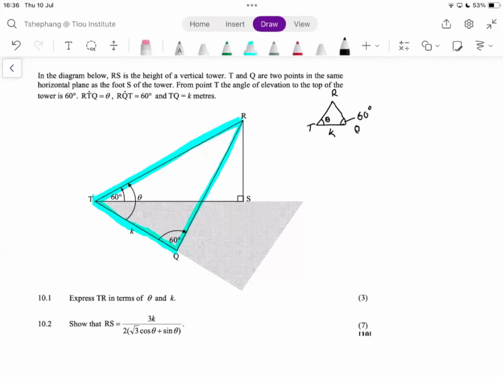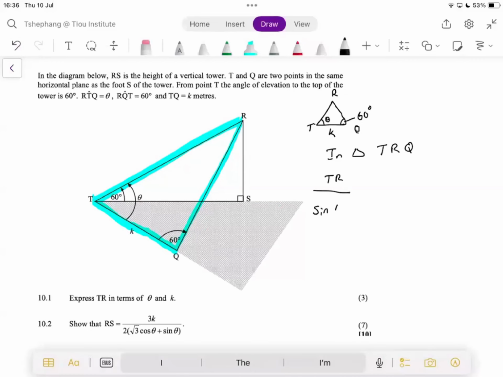The sine rule, we will say in triangle TRQ, side TR over sine of 60 degrees is equal to what?